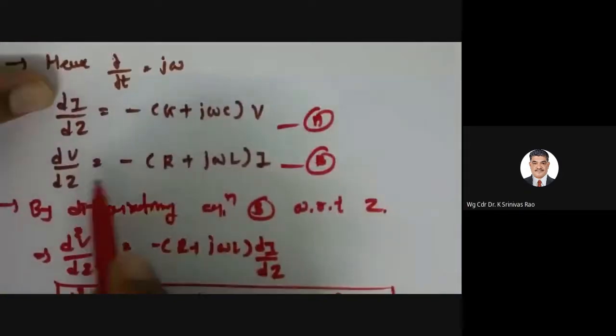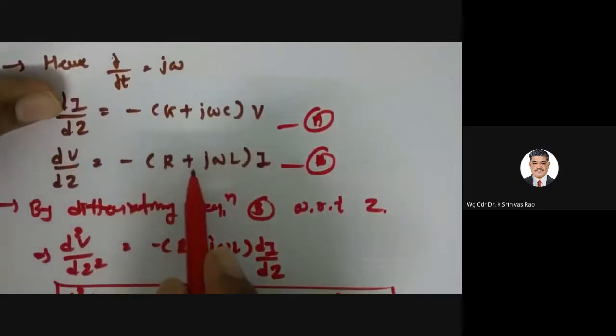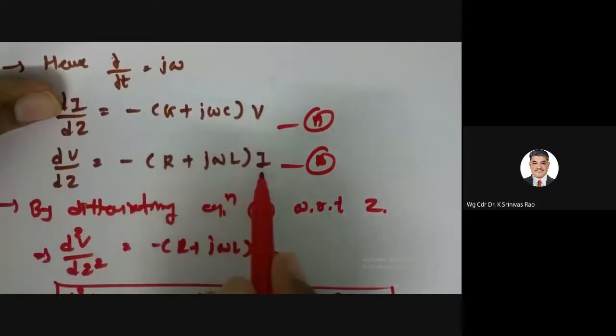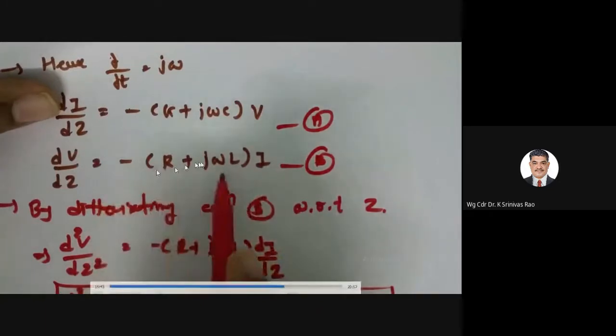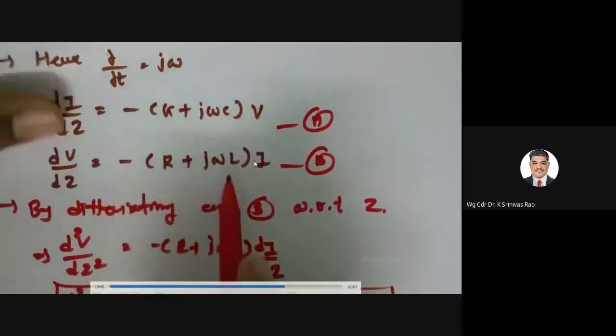This equation, if I equate it to I, dv by dz is equal to minus of r plus j omega l into I. So this also, you can send the whole term to that side. So I is equal to dv by dz into 1 over r plus j omega l, something like that. We can have that. Same thing I will put it here in this format.